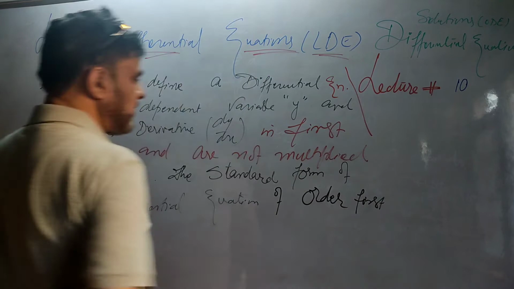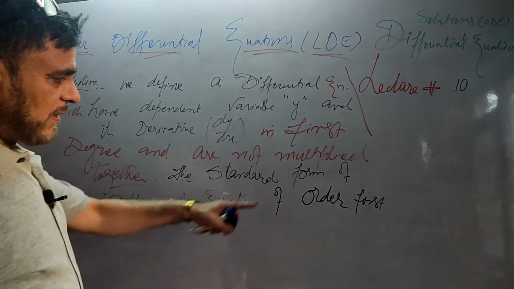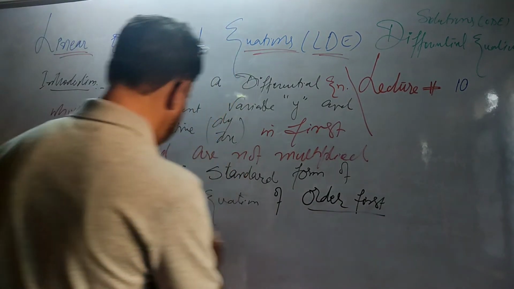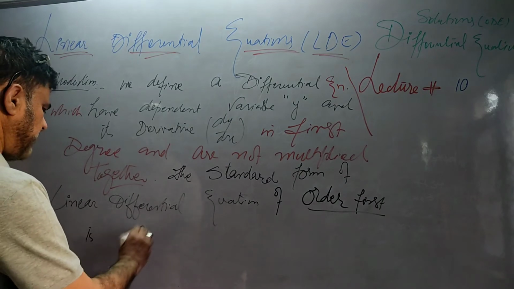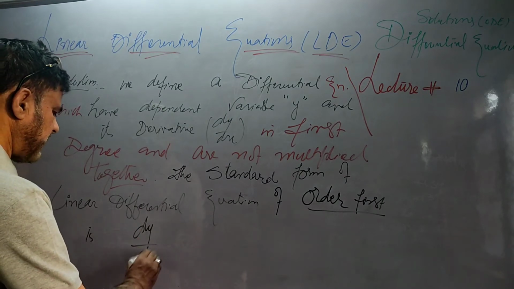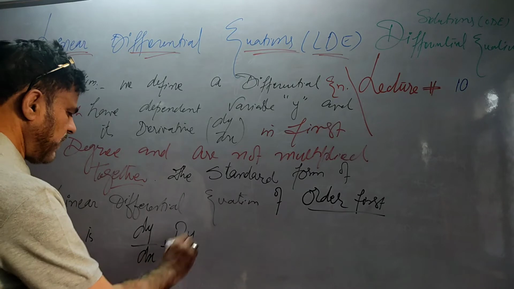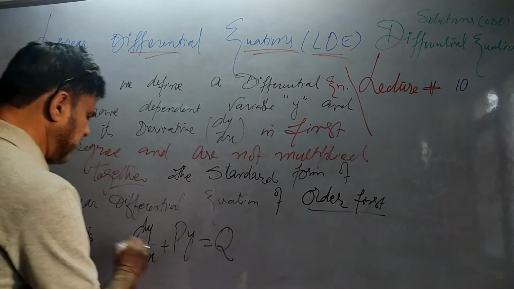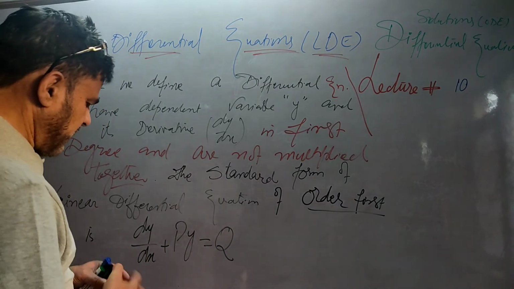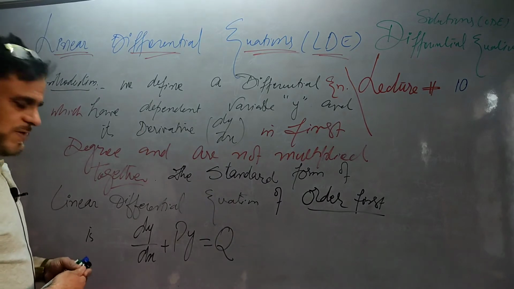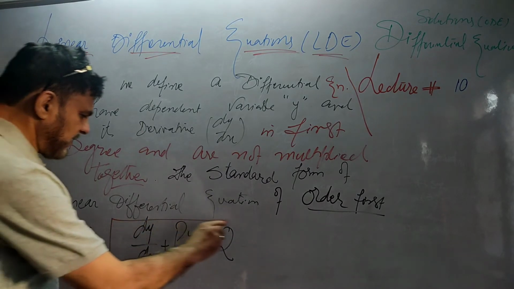There we said degree is 1, dy by dx is of first degree. Now we say it is of order first. It is dy by dx plus py is equal to q. This is the standard form that we take for the linear differential equation of first order and first degree.